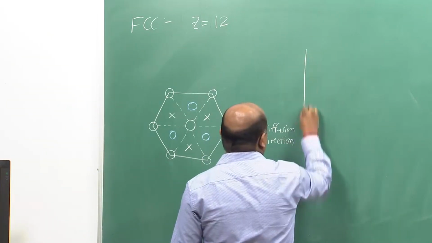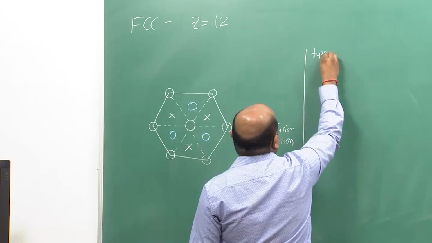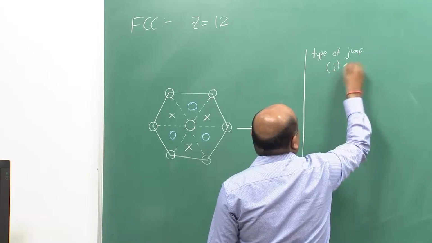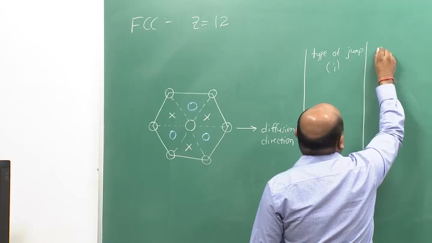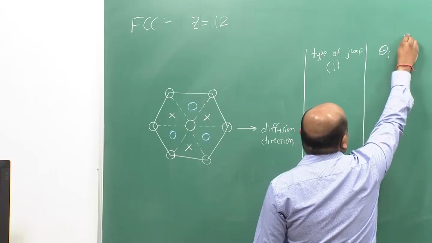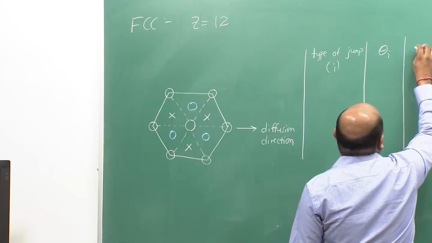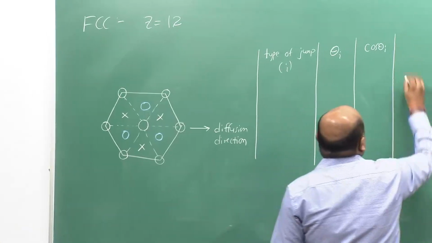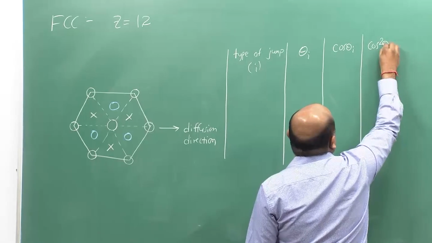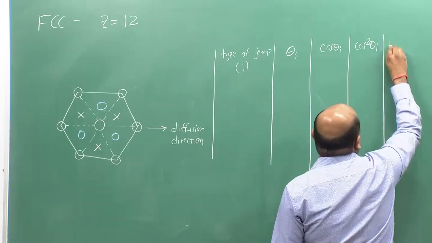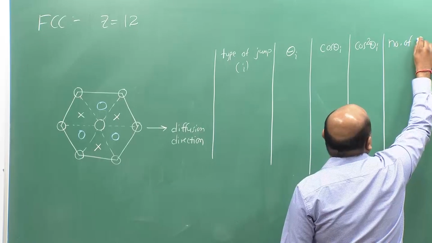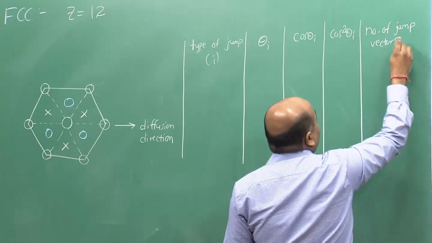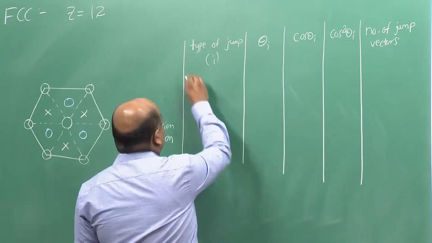So, let us say I, the angle that it makes with the diffusion direction, cos theta I, cos square theta I, and then the number of jump vectors that make this particular angle theta.